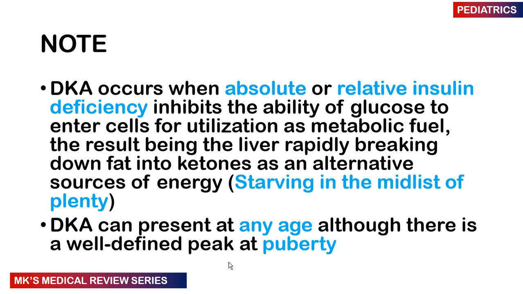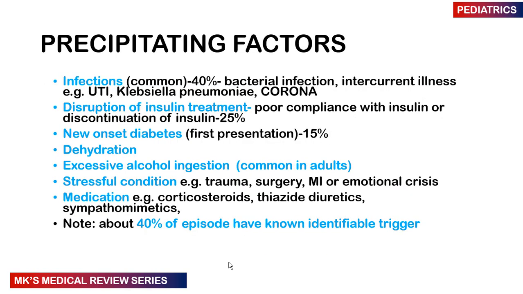Then, remember that DKA can present at any age, and it most commonly presents in puberty. There are some precipitating factors, like infections, such as intercurrent infections like UTIs, Klebsiella pneumonia, even corona, accounting for 40%. Disruption of insulin treatment, for example poor compliance or discontinuation of insulin, 25%.